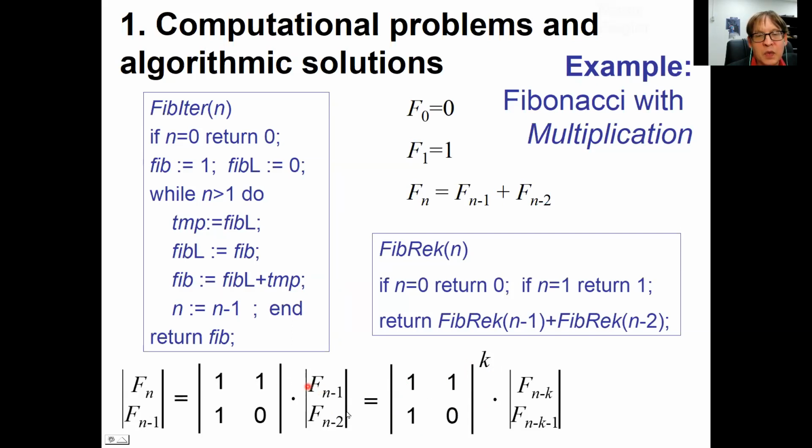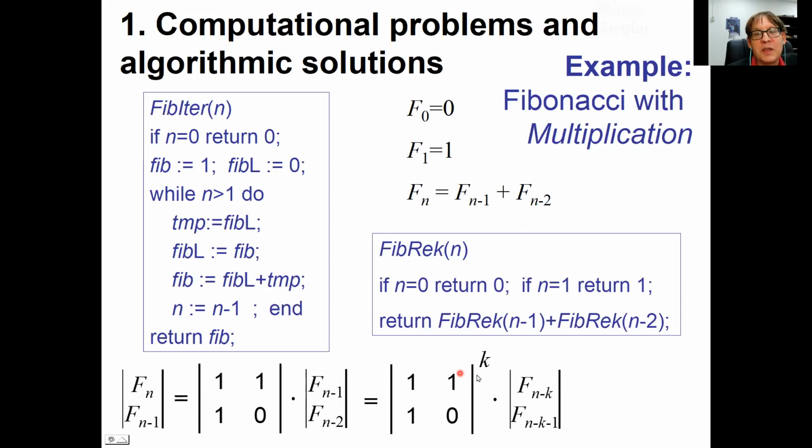So if we do that k times, then this is the matrix raised to the kth power. And instead of n minus 1, here it's n minus k. Instead of n minus 2, here it's Fn minus k minus 1. For every possible k, up to n minus 1, right? So when k is n minus 1, then this becomes F0. We cannot go beyond F0.